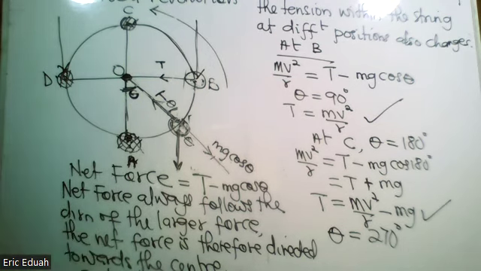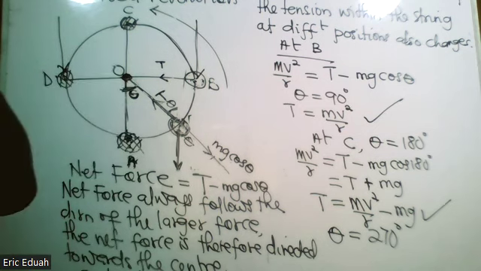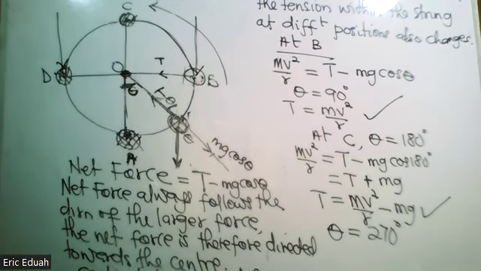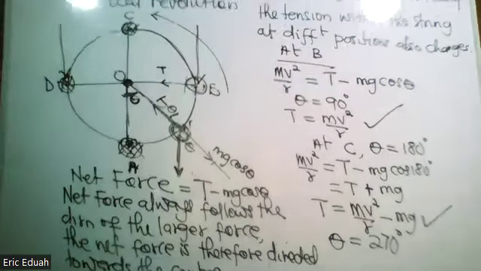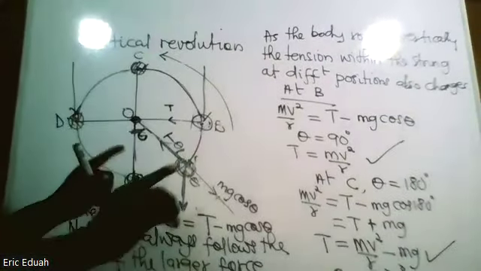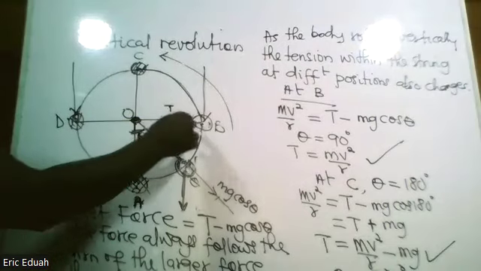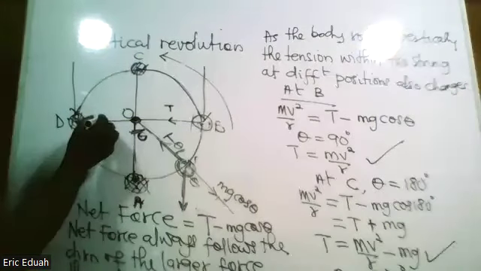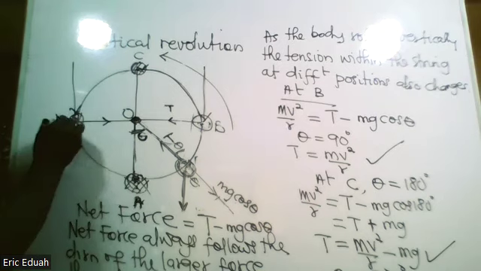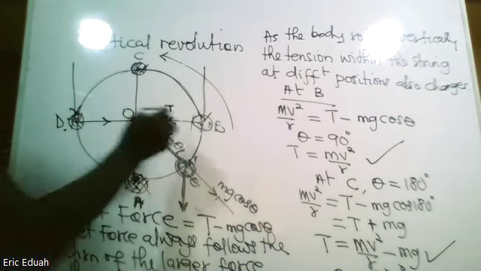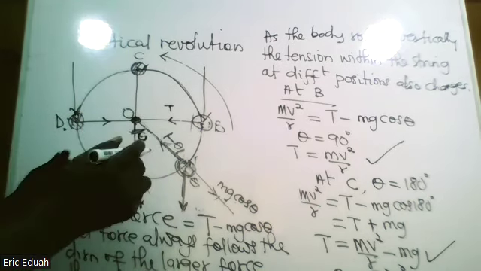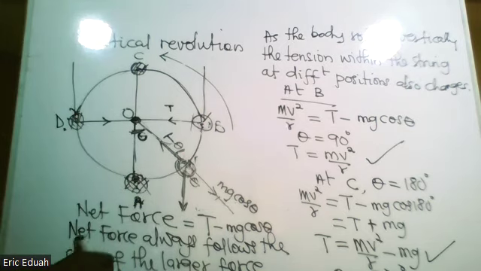Yes, what did you make for T? mv squared over r. Good. So I earlier told you that because points B and D are at the same level, the tension within the string at both points is also the same. B and D have the same tension within the string.